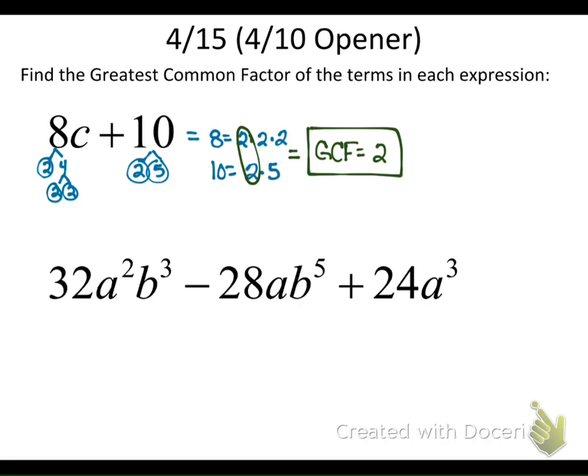Okay, let's take a look at this next one. So now we have 3 terms that we're going to go ahead and factor out. Let's hear from AJ. What are my factors of 32? Keep going.